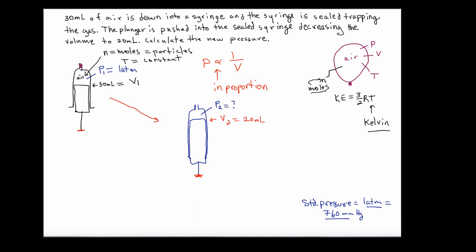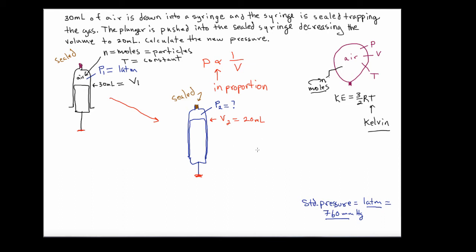And before I get any further and confuse anybody, I've maintained the sealed cylinder. So my cylinder was sealed back here, and when we shoved the plunger up there to shift from 30 mils to 20 mils to make the volume smaller, the syringe has remained sealed.